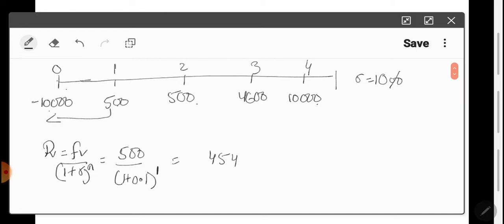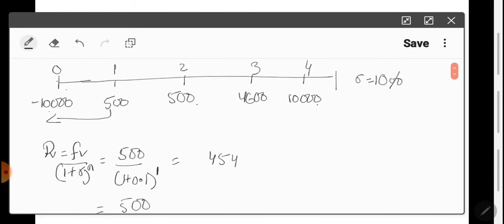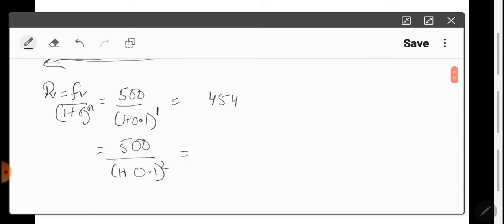इसी तरीके से गोइंग टू कैलकुलेट इट फॉर ऑल ऑफ द ईयर्स. सो लेट्स डू इट फॉर द सेकेंड वन. 500 divided by 1 plus 0.1, and power will be 2 because this is coming back 2 years. So if you calculate this, it's 413.